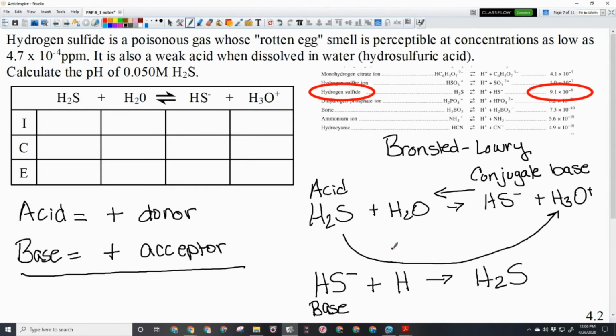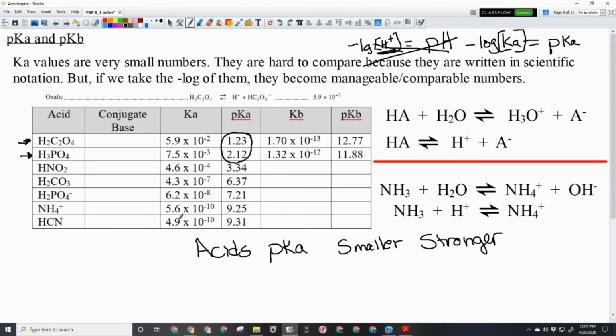So this is our conjugate acid now, right here, conjugate acid. So here's our base, here's our conjugate acid. It's the pair that goes with this base. When this base accepts this hydrogen, it becomes a conjugate acid. So that's the definition of the Bronsted-Lowry.